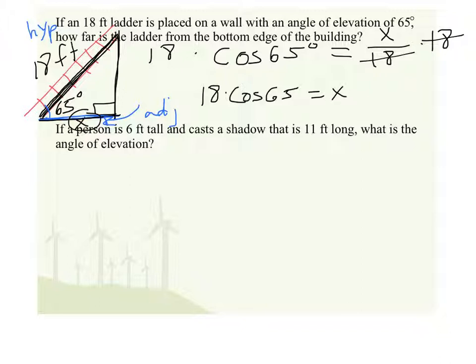X equals 18 times the cosine of 65 degrees. To get a decimal approximation, this is once again a point I would have to defer to my calculator. The base of that ladder is 7.6 feet away from the wall.